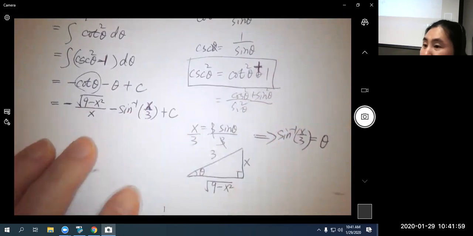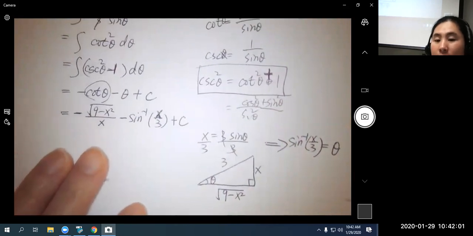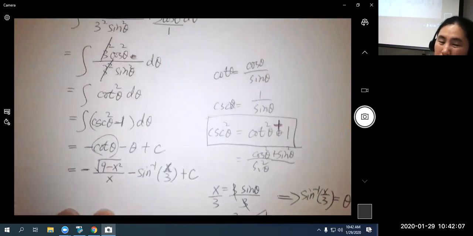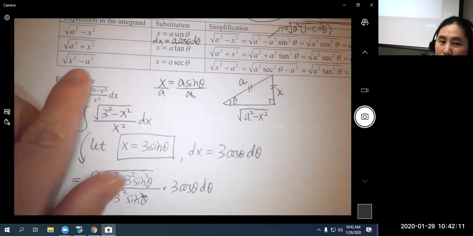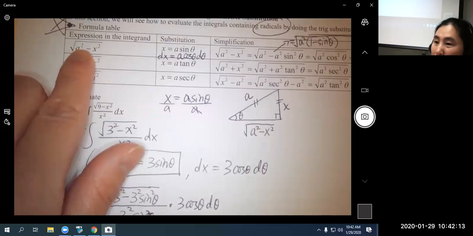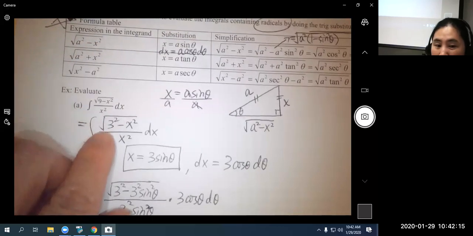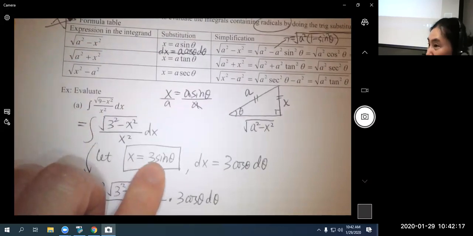Trig substitution, first case. If we summarize this question, what should we do for trig substitution? First, identify what case it is, and then use the corresponding substitution.